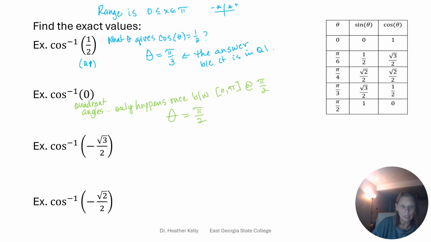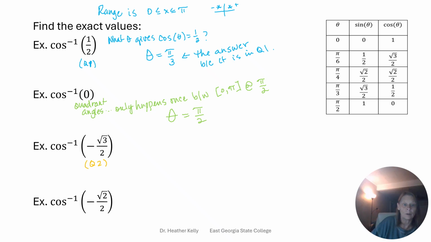Let's go to the next one here. Here we're looking at the argument of negative square root of 3 over 2. So this is going to be a negative answer. So, and I don't know why I wrote 4. So our answer needs to be in quadrant 2.